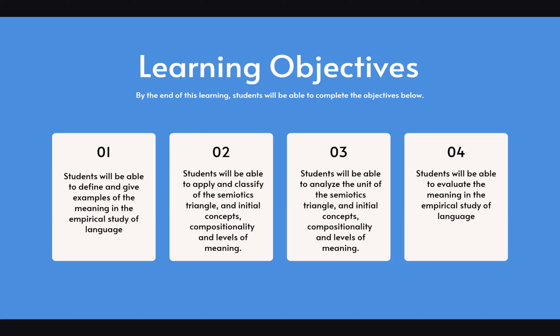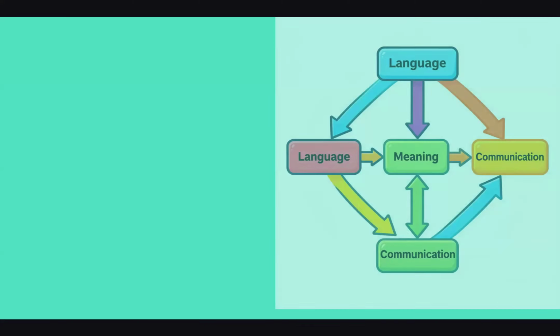And third, to analyze the units of the semiotic triangle and initial concepts, compositionality and levels of meaning. And the last one, a student will be able to evaluate meaning in the empirical study of language.